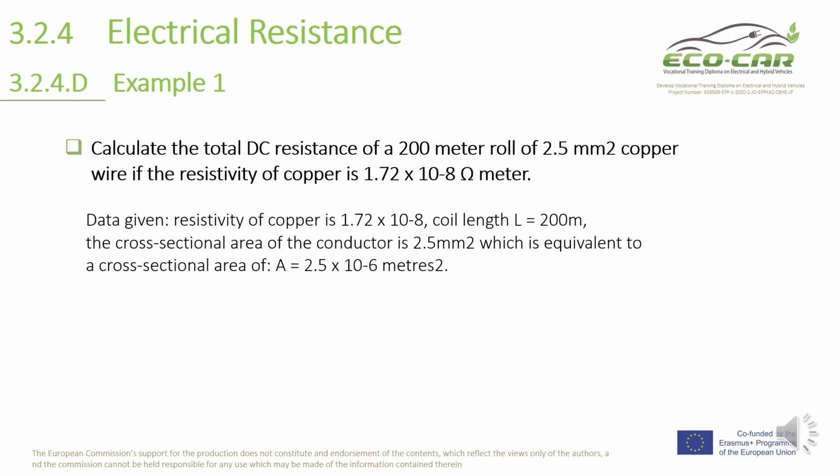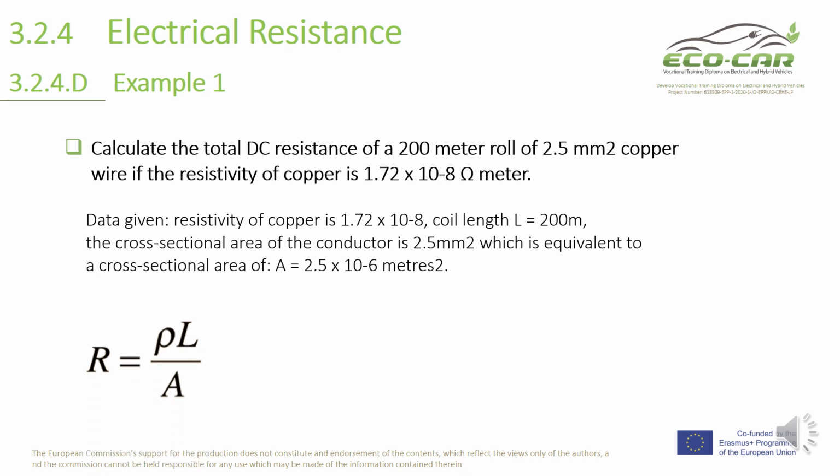The coil length is L equals 200 meters. The cross-sectional area of the conductor is 2.5 square millimeters, which is equivalent to 2.5 times 10 to the minus 6 square meters.